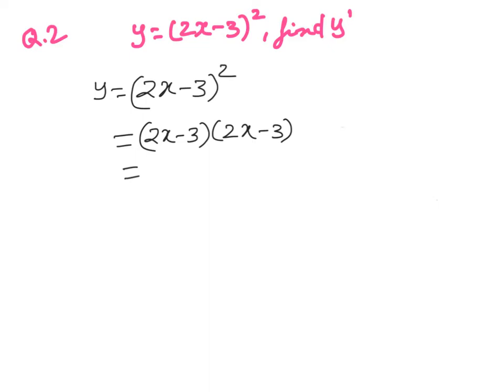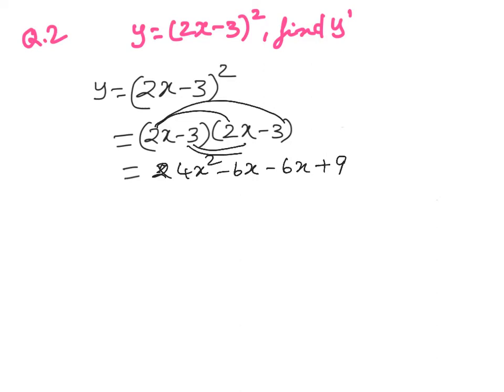So here I apply the FOIL method, which will now become 4x squared. Then 2 times negative 3 is negative 6. Again negative 6, and then positive 9. So I apply the FOIL method here, which is very important.